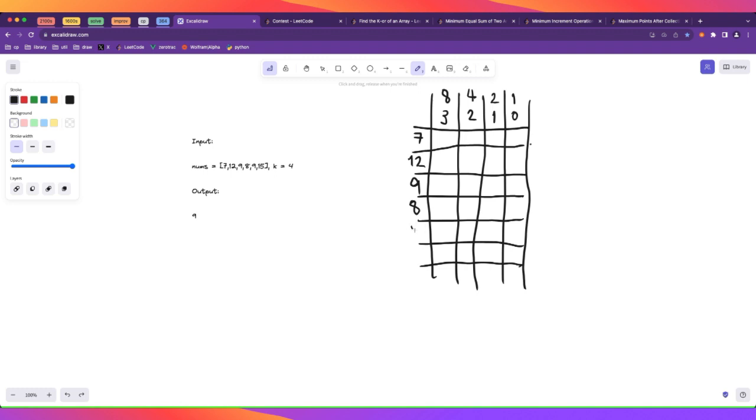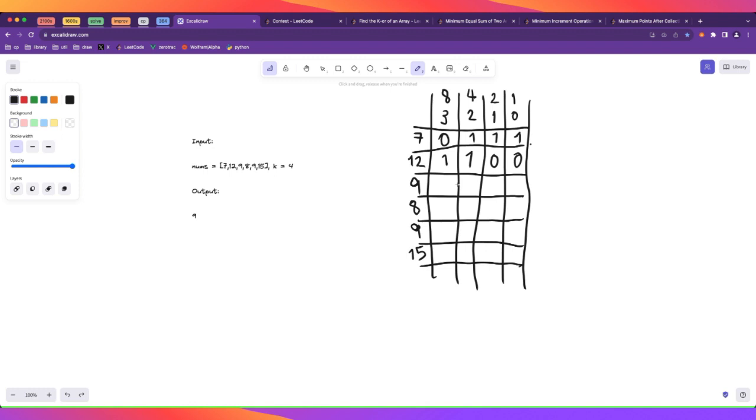The order doesn't matter, but I'm following the order that we got. Here 7 is 4, 2, and 1, right? Then 12 is 8 plus 4. So we are just exercising how to convert numbers into base 2.